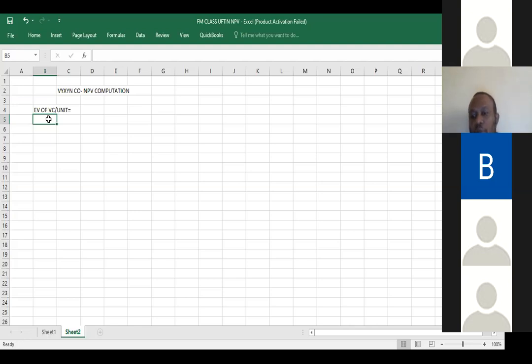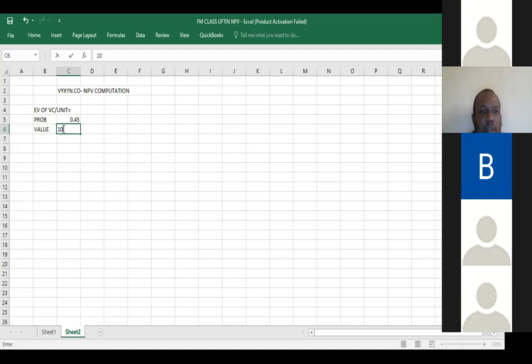So we have probability and variable cost, probability and value. For the first one, for strong, our probability is 0.45, and the variable cost is 10.8.